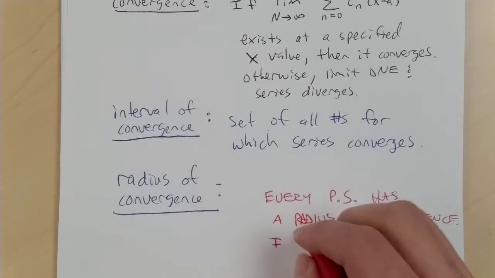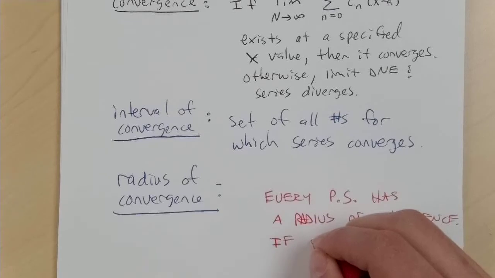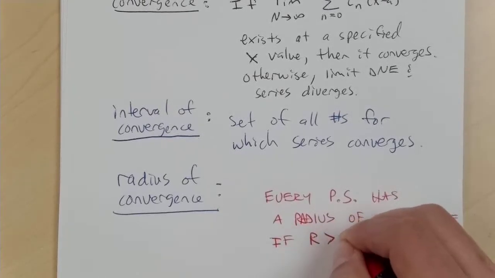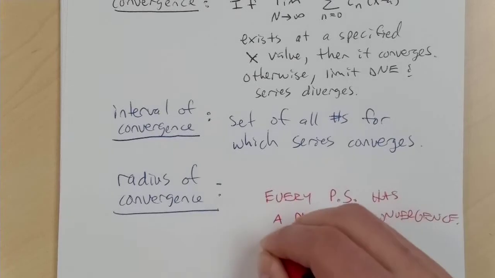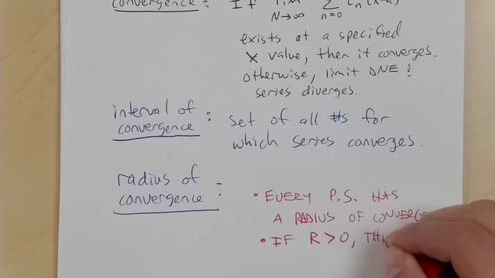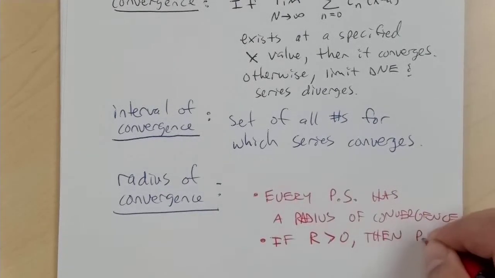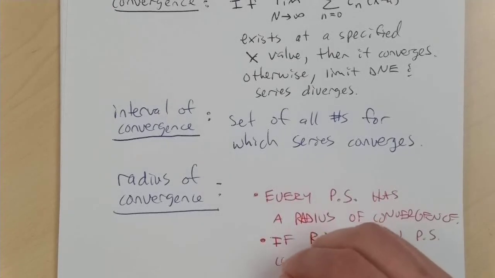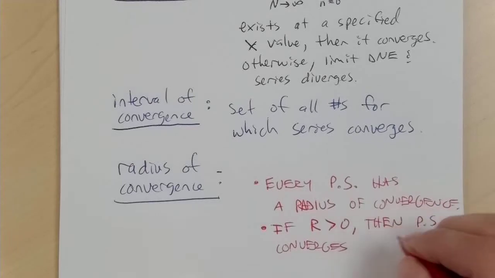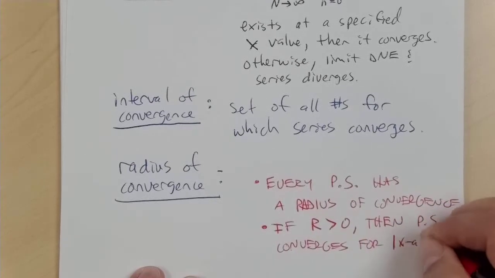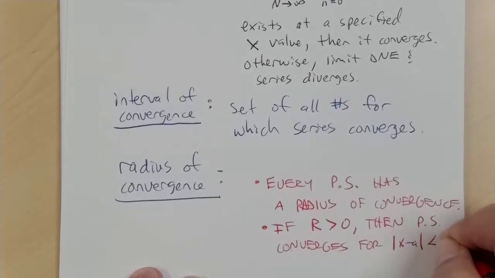If the radius r is greater than 0, then the power series converges for the absolute value of x minus a less than r.